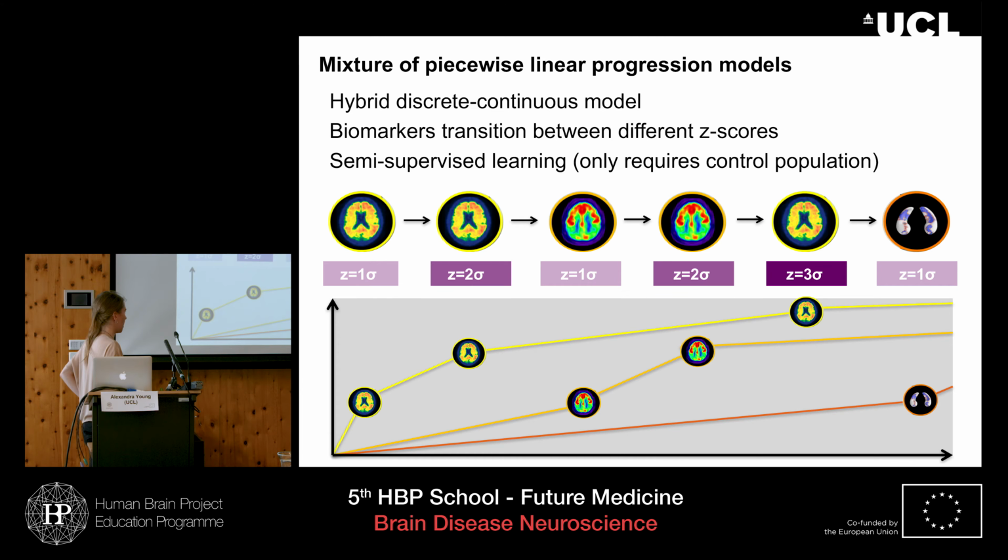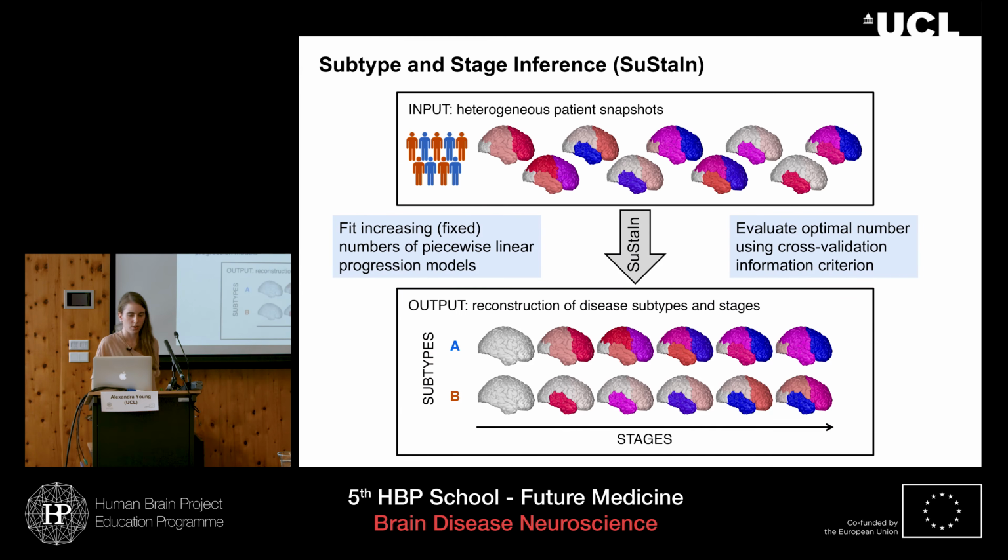We have a model where biomarkers transition between different z-scores, so you have a notion of severity of decline. It's basically a form of semi-supervised learning where you only require a control population. We input the heterogeneous patient snapshots, and we get an output of the reconstruction of disease subtypes and stages. We do this by fitting increasing fixed numbers of these progression models, and then we can evaluate the optimal number of subtypes using cross-validation.